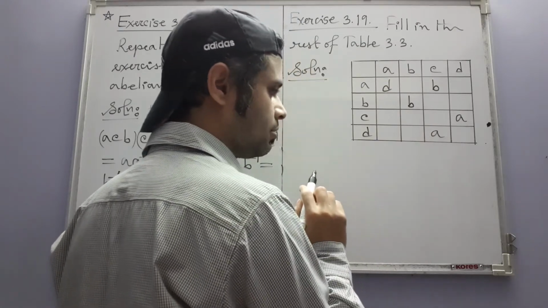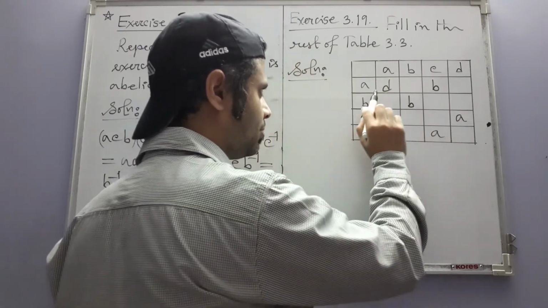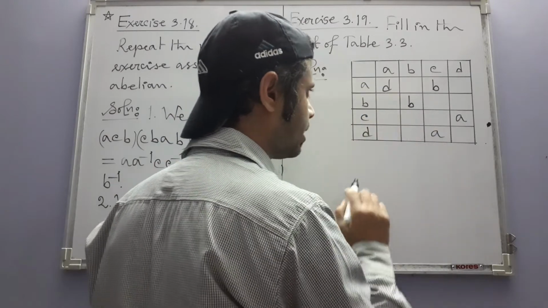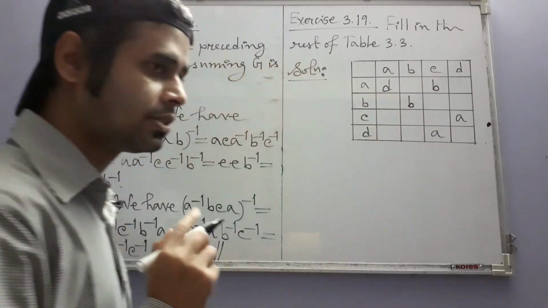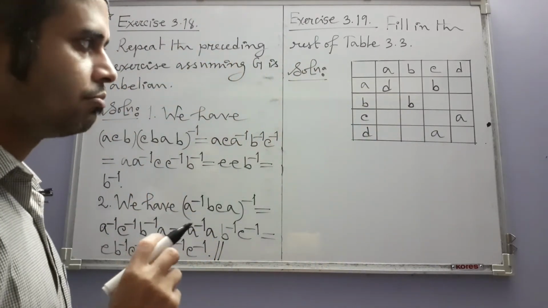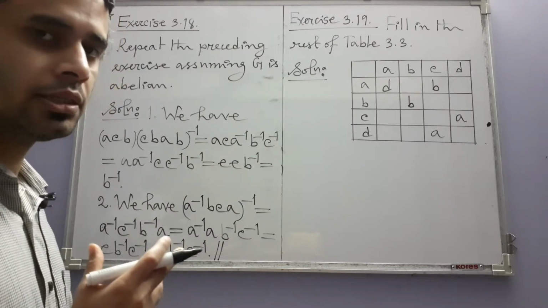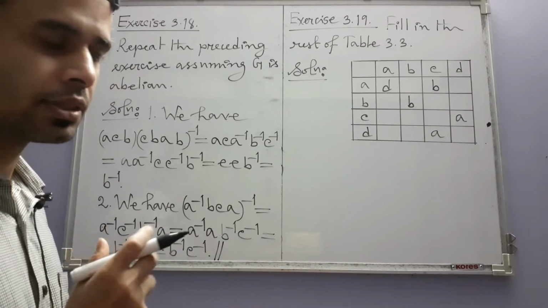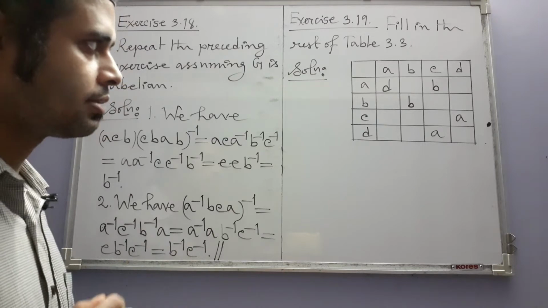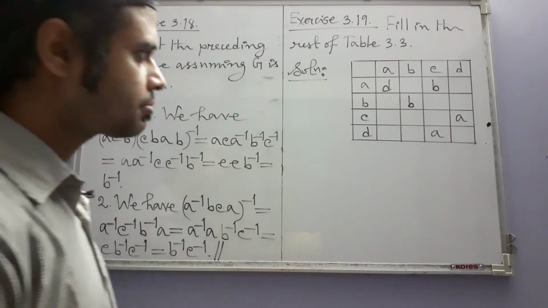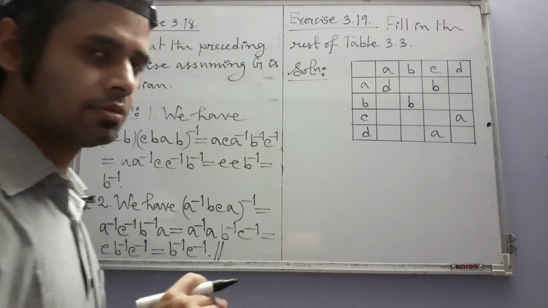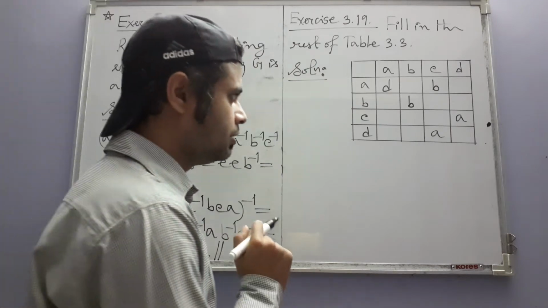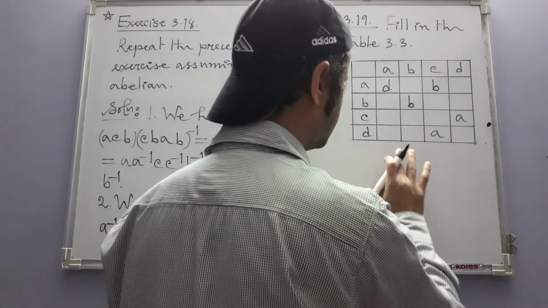Every element of the group appears in every row and every column exactly once. And we have already discussed why this happens. This happens because of the cancellation laws. So I am not going into that once more. We use this property to fill the thing out.